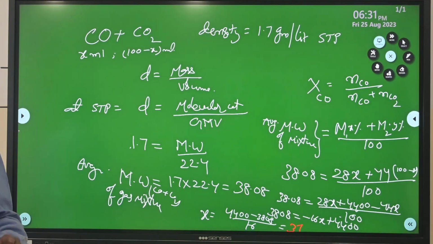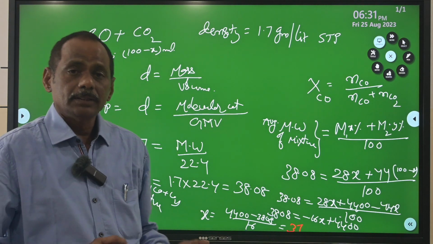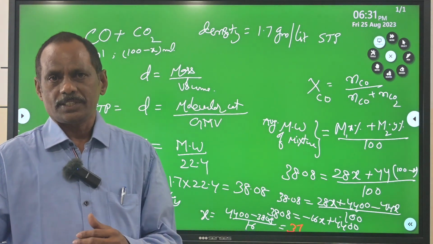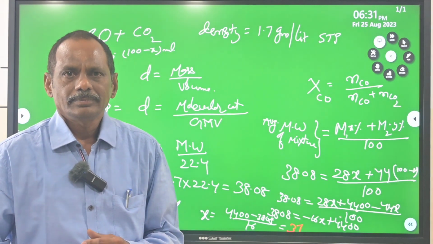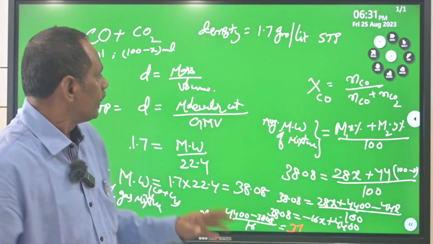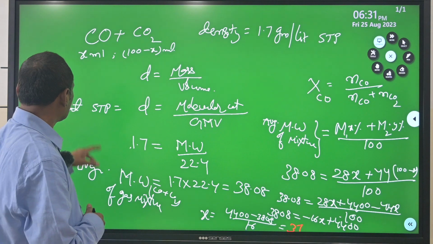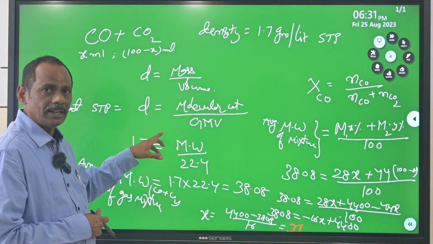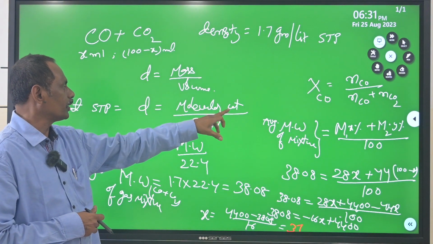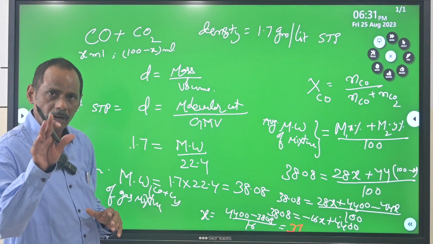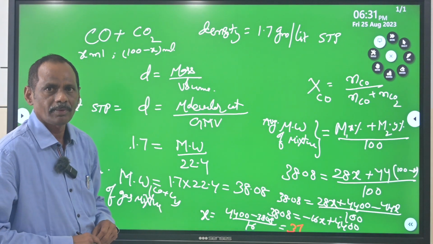Okay, somewhat different model. Two different concepts are introduced here. It's advanced level, no doubt. Here, the density is mass by volume, but we should know that the density of a gas at STP is equal to its molecular weight by gram molar volume. Gram molar volume is 22.4.